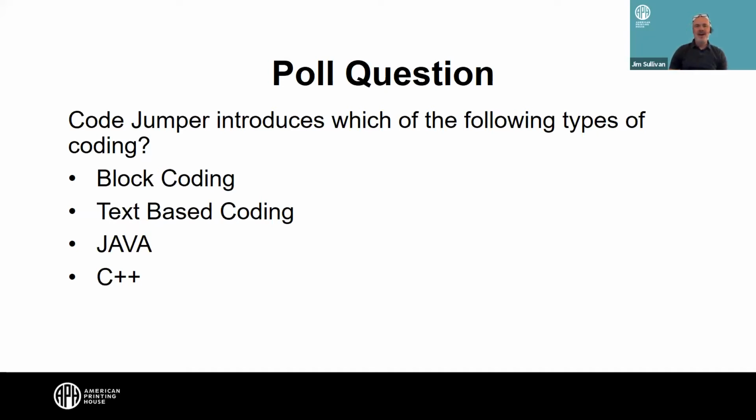The answer to the question, Joe, is what? What kind of coding does Codejumper introduce the audience to? Block coding. All right, very good. And where else are you going to find tools that teach block coding?